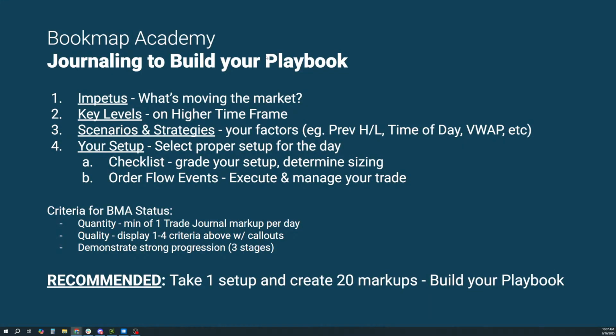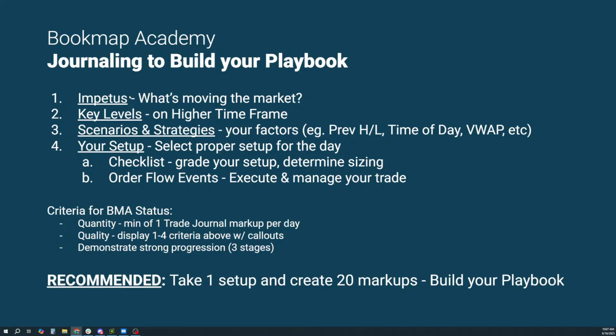And then this process in here, I'm going to skip over it, but very quickly, this is what we're going to be looking for, and this is part of the Bookmap Academy in our setups. Before we get to our setup, that's number 4, we're looking for impetus. What's moving the market? We want the market to be moving in order to find a high probability trade.